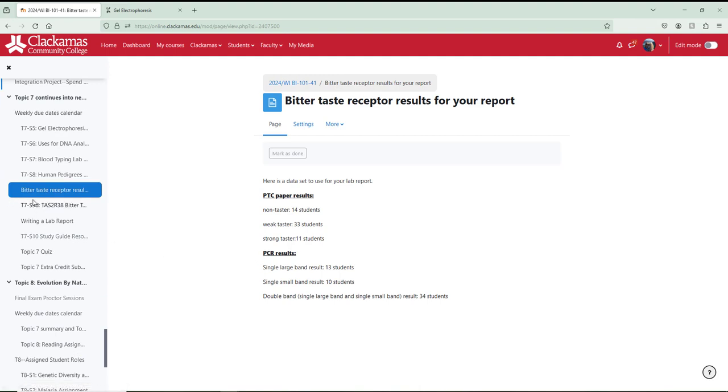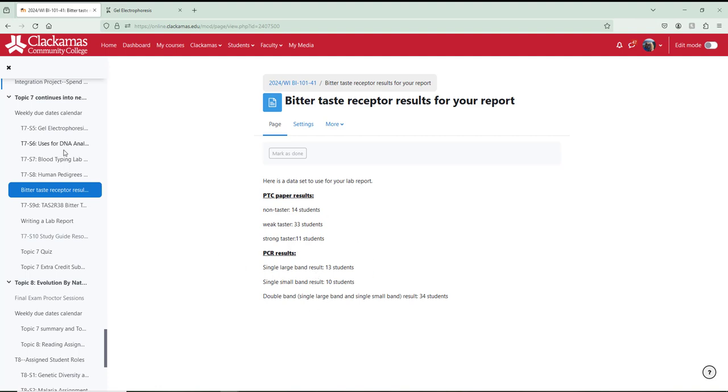Fill out table number 2, and then table number 3 is our PCR results. So single large band, 13 students, small band, 10, and then double band, 34. And what does this mean? If you have 13 students that have a single large band, what are their genotypes? Are they homozygous dominant, heterozygous, or homozygous recessive?